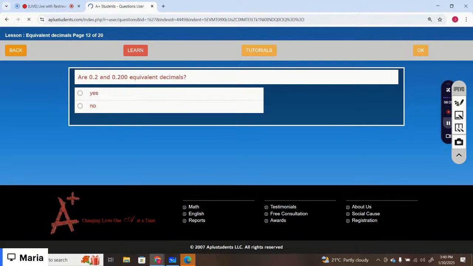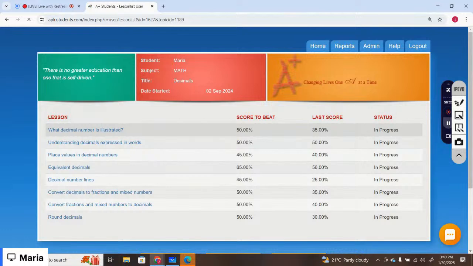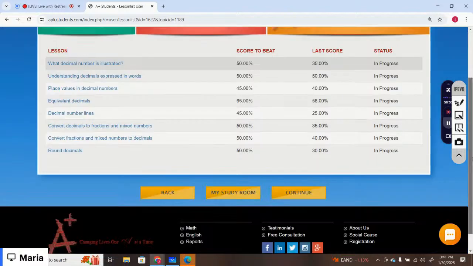So we were working on grade 4 math. The chapter we were working on is decimals. The lessons we have covered today are what decimal number is illustrated, understanding decimals expressed in words, place values in decimal numbers and equivalent decimals.